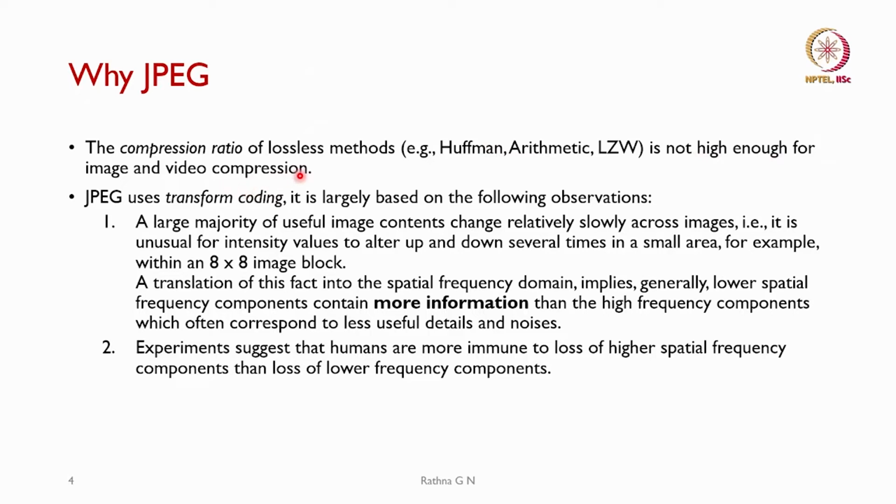Although we use these, the size of the image we have to store is still very high. So, what happens in JPEG? It uses transform coding, largely based on the following observations. So, you will see why we need the transform.